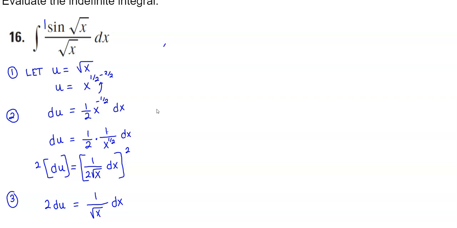So let's go to step 4 and rewrite the original problem. So rewriting the original problem, you can see that we have the sine of the square root of x times 1 over the square root of x dx. If I multiply these two out, this is what it would be.